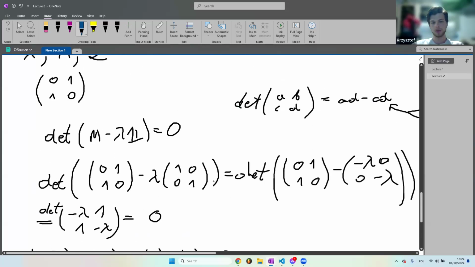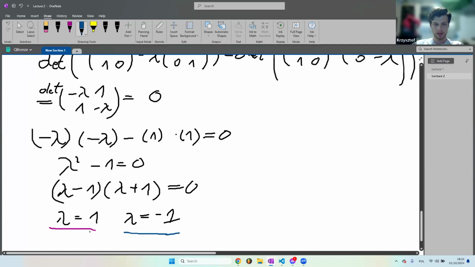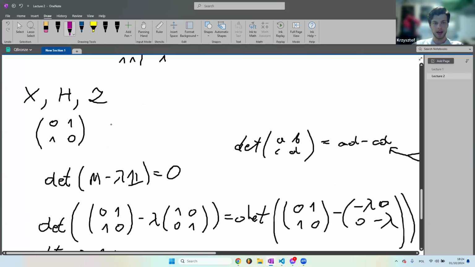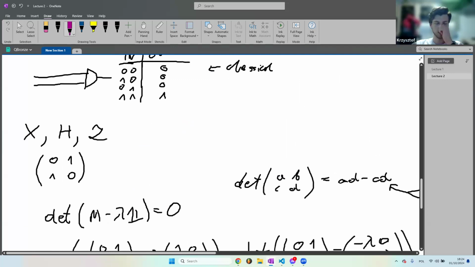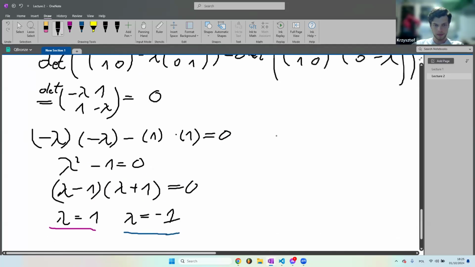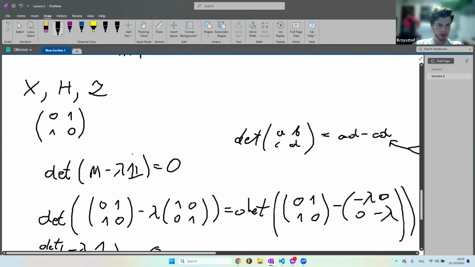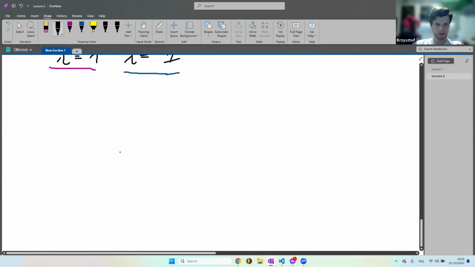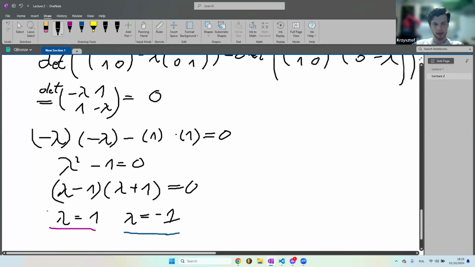Now we want to find the eigenvectors, so vectors that will stay the same after this X transformation. In order to do that, we need to place this lambda into this formula.